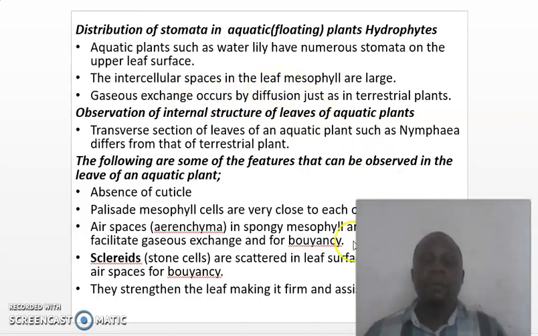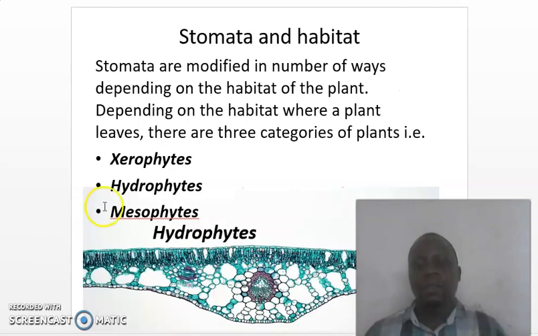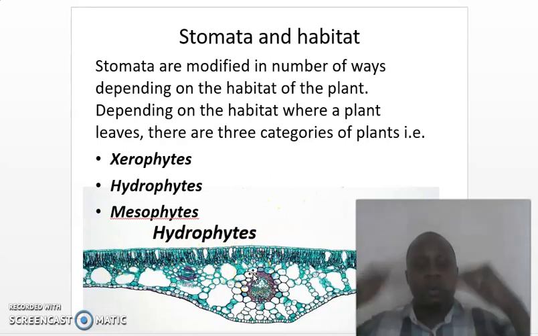Good. Now, when we observe the transverse section of a leaf of aquatic plants such as nymphaea or a water lily, it differs from the terrestrial plants because of the following reasons, which we have just seen. One, in the upper surface, there is no cuticle completely. This is to facilitate rapid transpiration in order for the plant to lose the excess water.